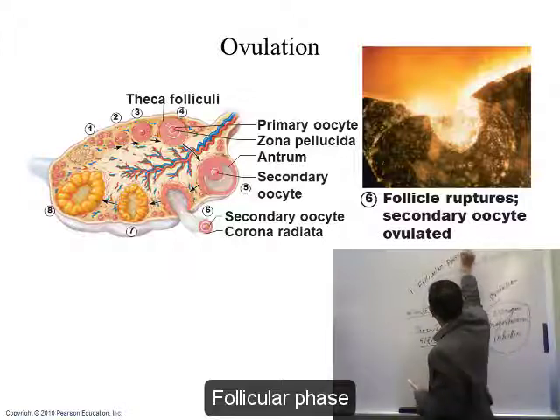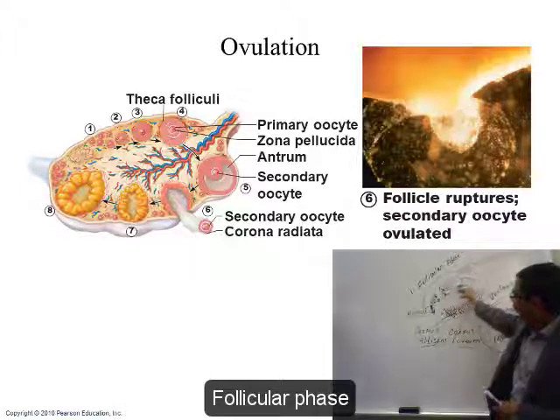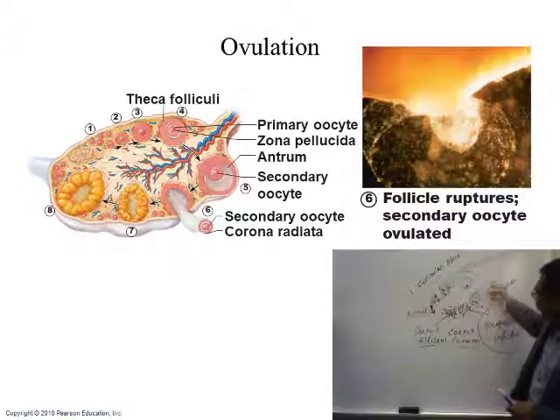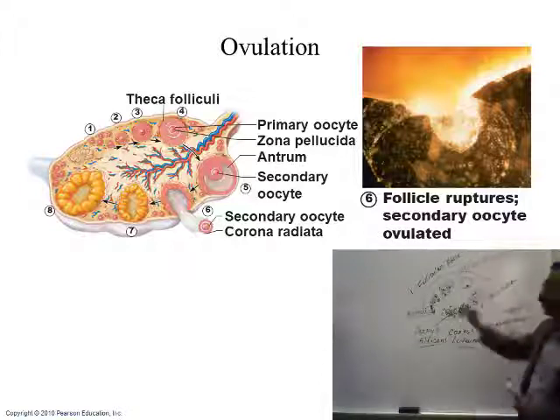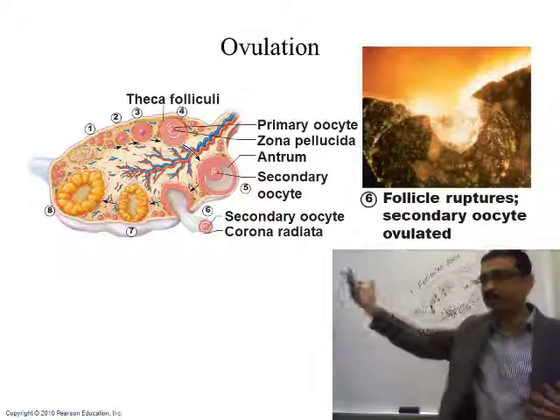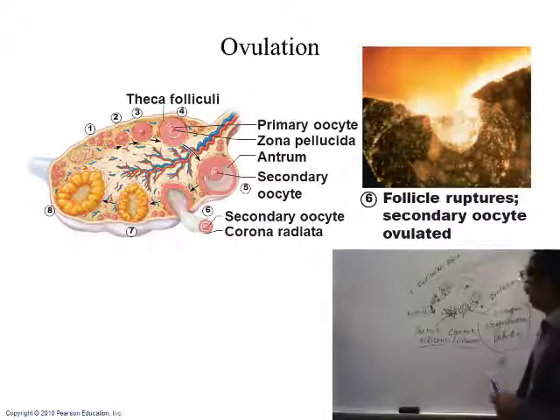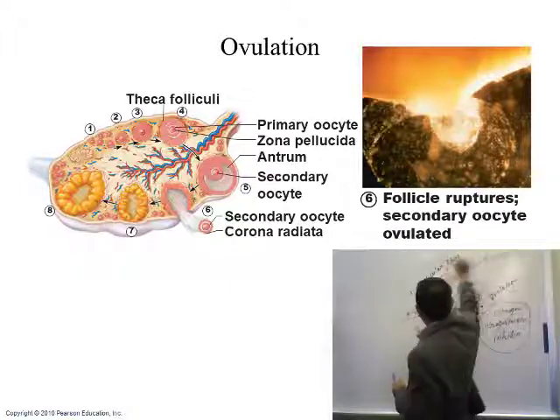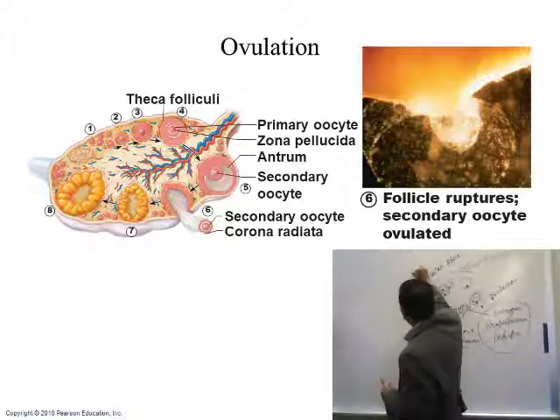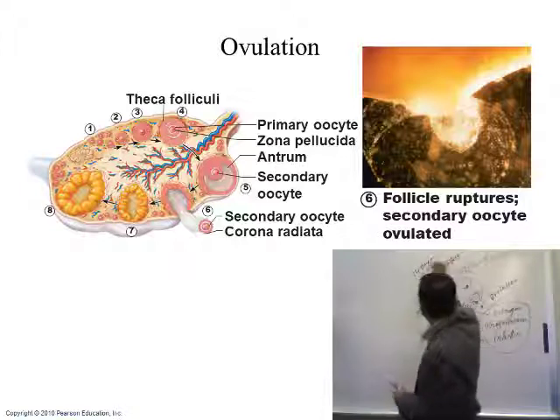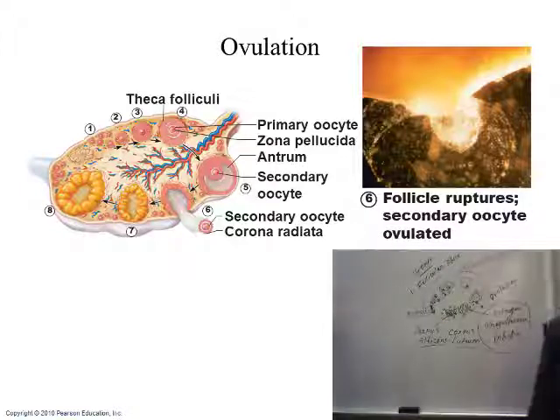Makes sense because follicles are growing and getting matured. So this part is called the follicular phase. Follicles are growing and getting matured. And the duration of the follicular phase is about 14 days.